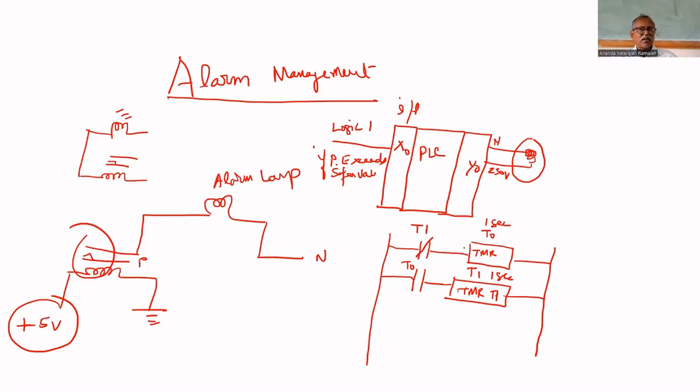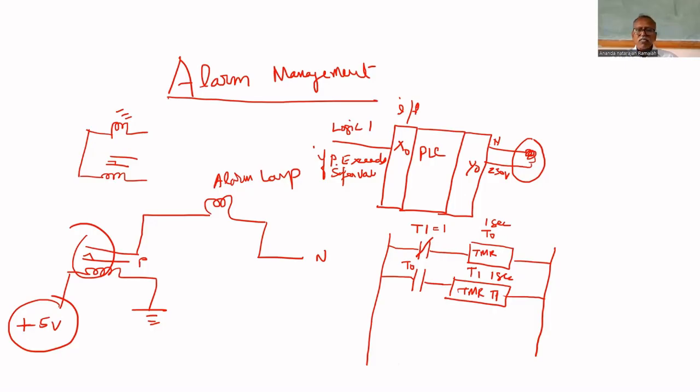Initially both timers are off, therefore T1 is 1. Therefore this timer started. This is an on-delay timer. On-delay timer means it will turn on after 1 second. So after 1 second, this T0 will turn on.